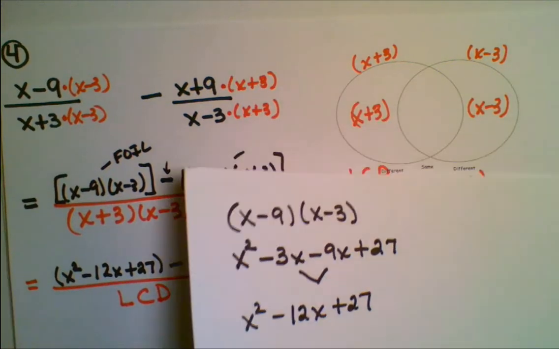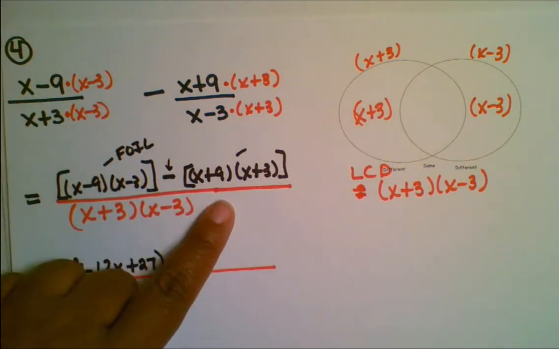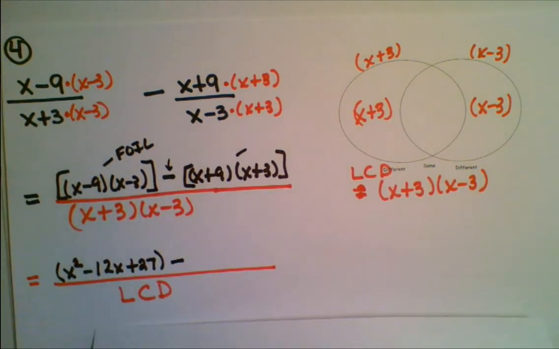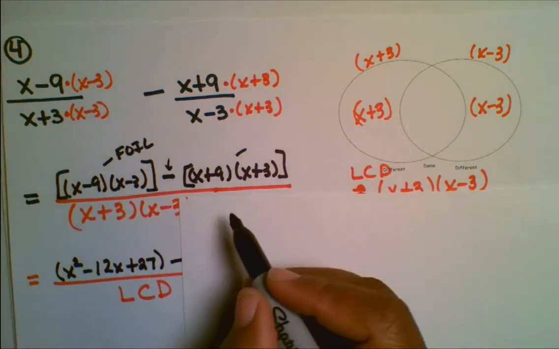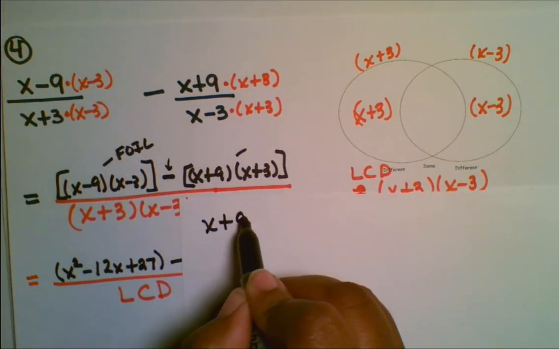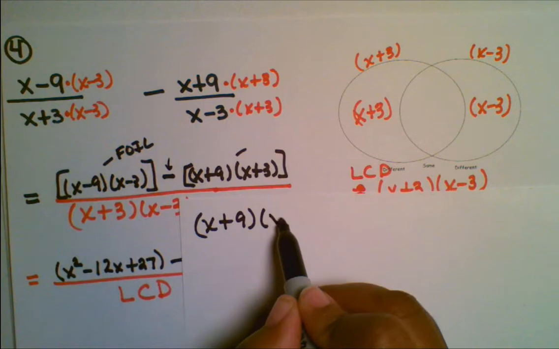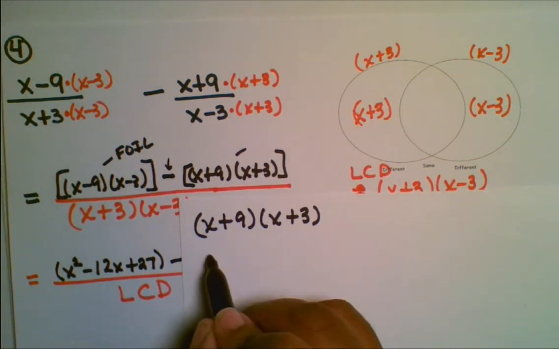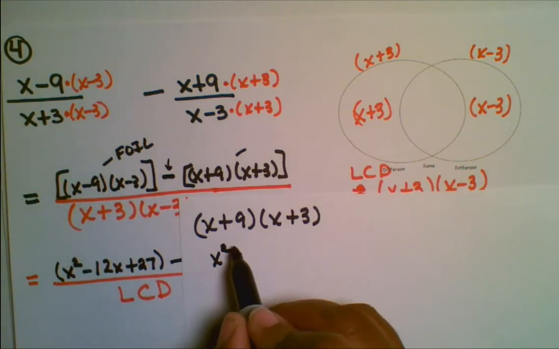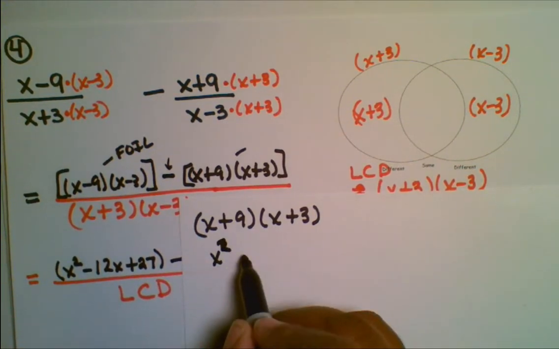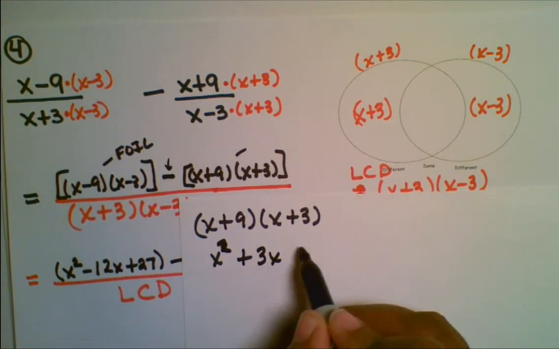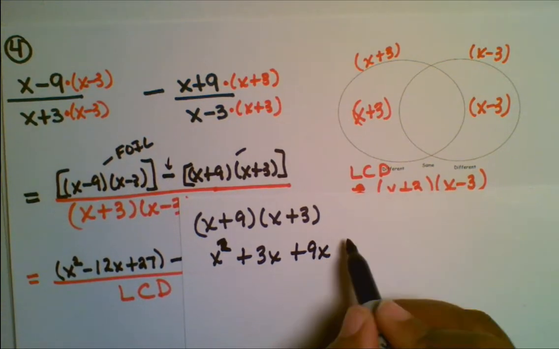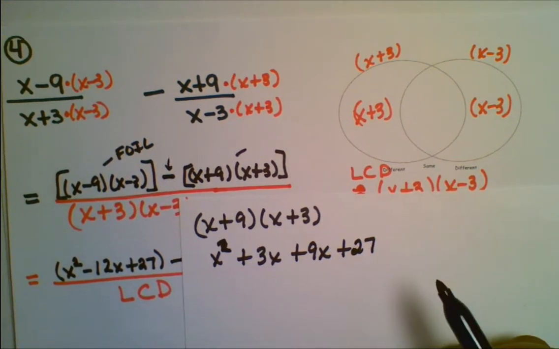Minus. Now let's look at the second half, the second binomial, where you have x plus 9 times x plus 3. We're going to FOIL. First term, x squared. Outside term, 3x. Inside term, 9x. And last term, we have 27.